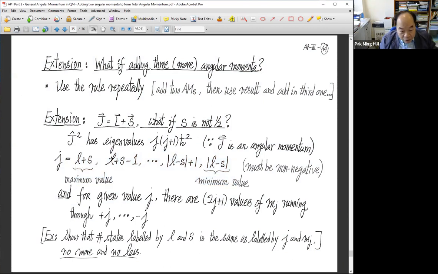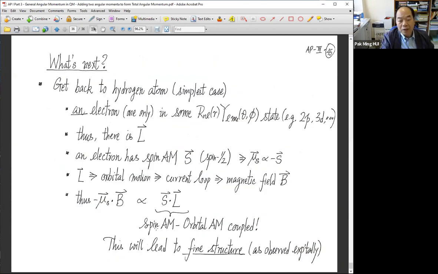And underneath each J, there will be 2J plus 1 values. That's it. So what's next? The next topic we will discuss is how spin and orbital angular momentum interact inside an atom.